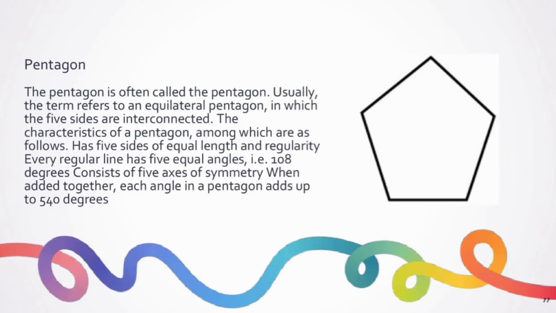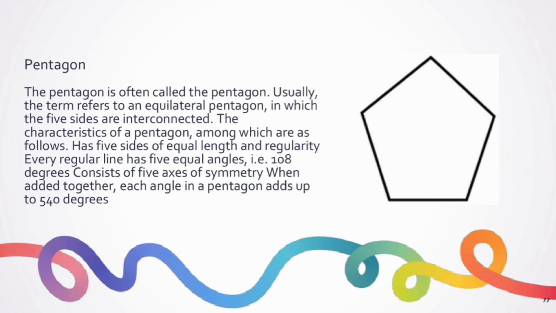Pentagon. The pentagon is often called the pentagon. Usually, the term refers to a regular pentagon, in which the five sides are interconnected. The characteristics of a pentagon, among which are as follows: it has five sides of equal length and regularity.